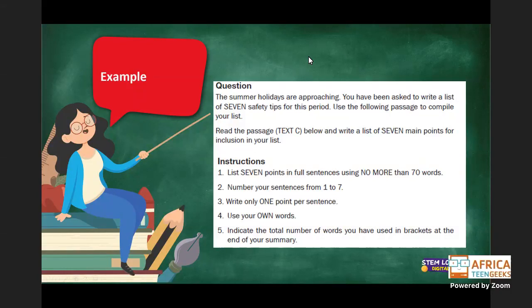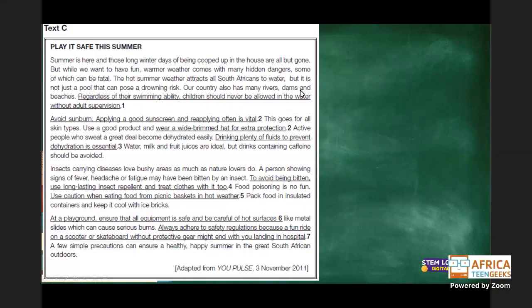So I would like to get some readers, please. Anyone would like to read us the summary? Please indicate by raising your hand if you would like to read us the summary. I don't want you to hear my voice every time. So it would be great to have one of you guys.